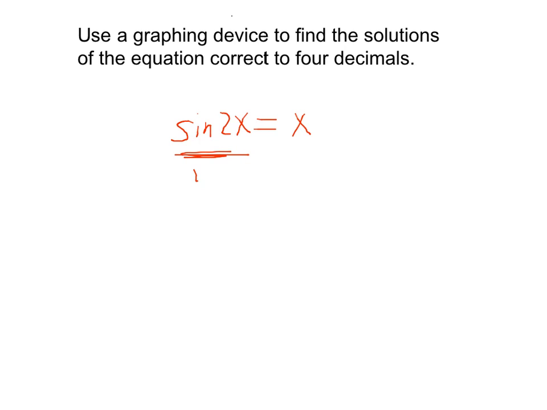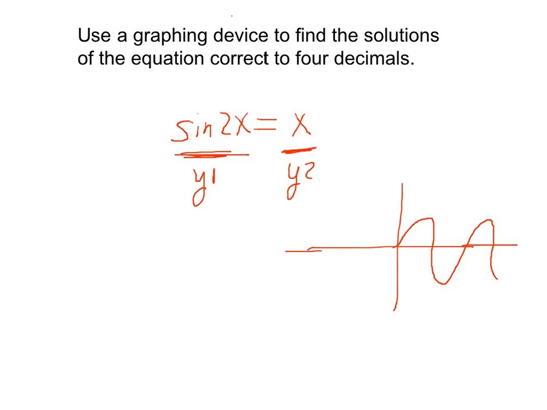So this right here I would enter into my calculator as y1, this is going to be y2, and then I'm just going to find the intersections of these two. And so what we find graphically, if you do this on your calculator, is a sine wave. Ooh, that's not a very good sine wave.